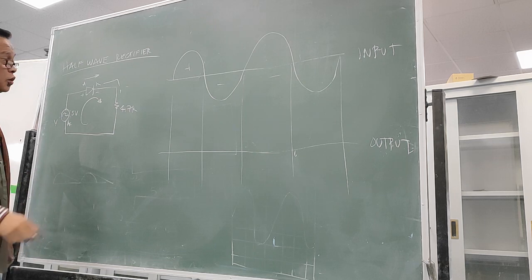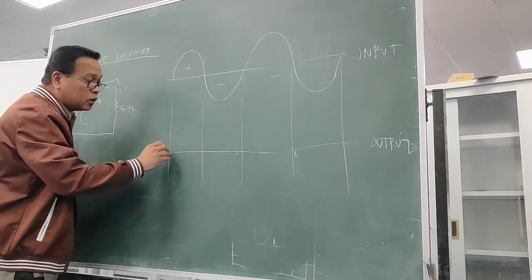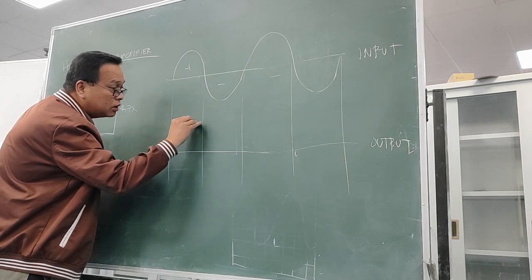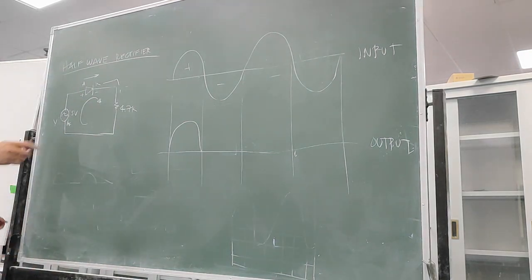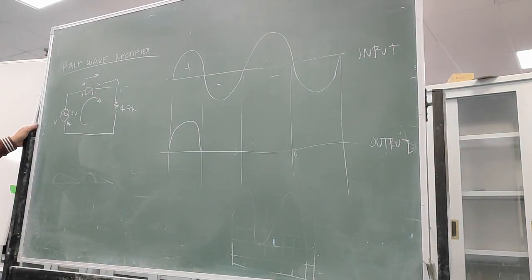So during the positive cycle, what do you expect in the output? It will allow this waveform to go to the output.